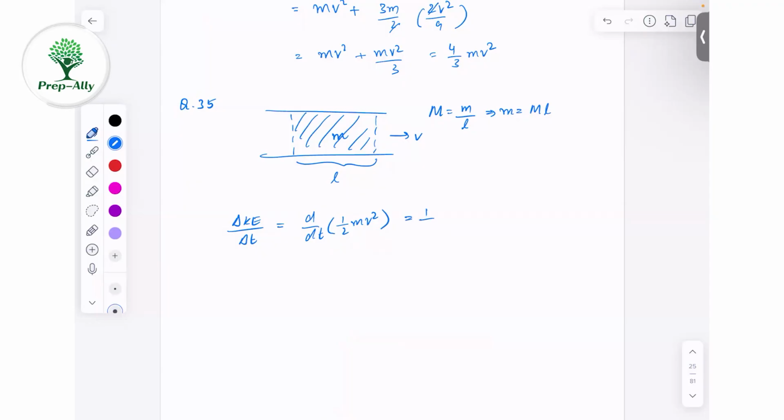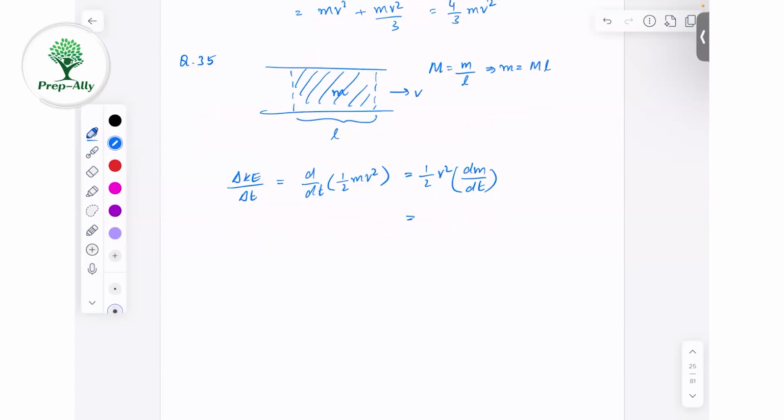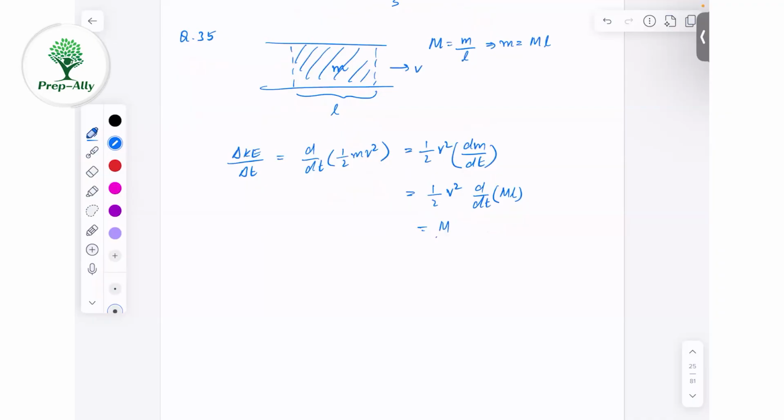So we get the half and v square here. This is going to be dm by dt. But then here, what is small m here? Mass, which is the mass per unit length into length. So it's going to be d by dt of m into L. Now this m can come out, it's a constant. And we have now dl by dt.